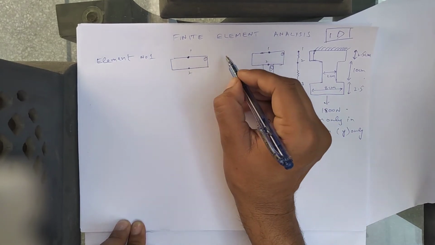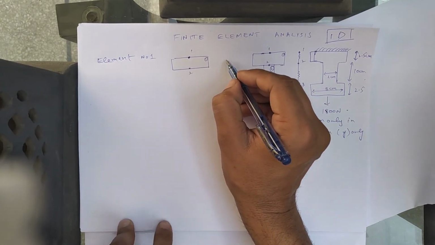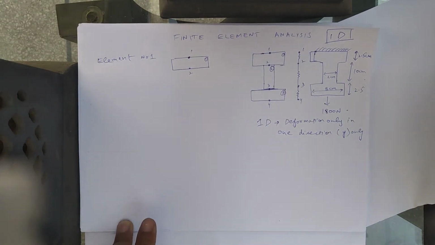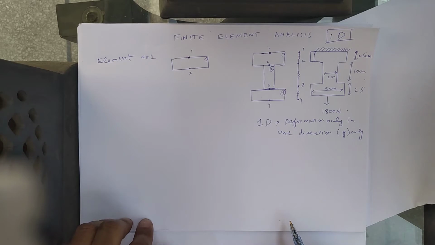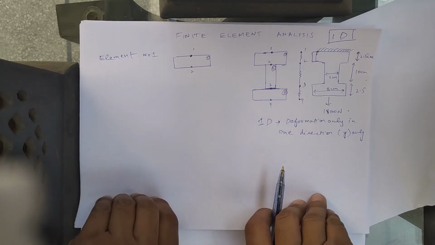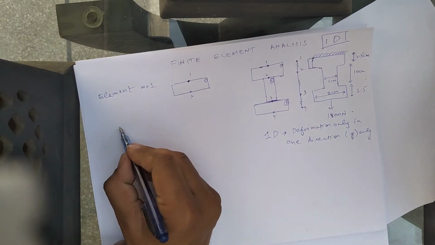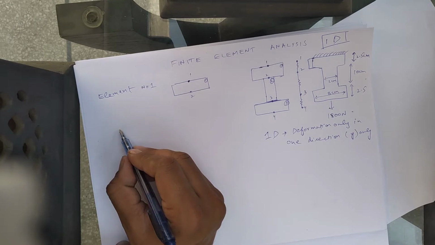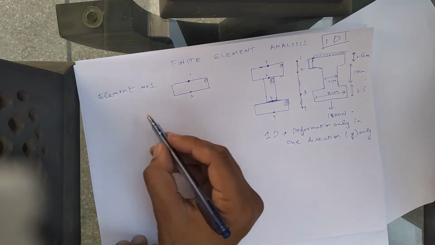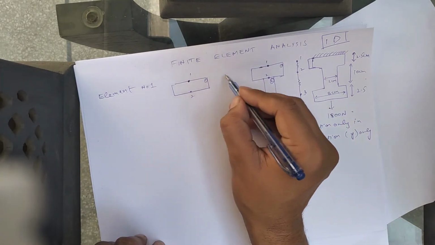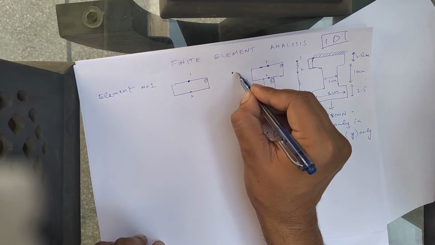So we can have the equations for the nodes. Let it be node 1, right?